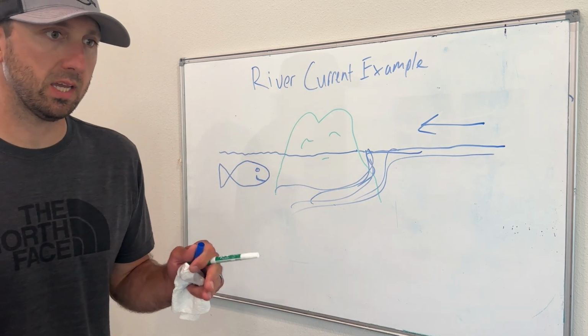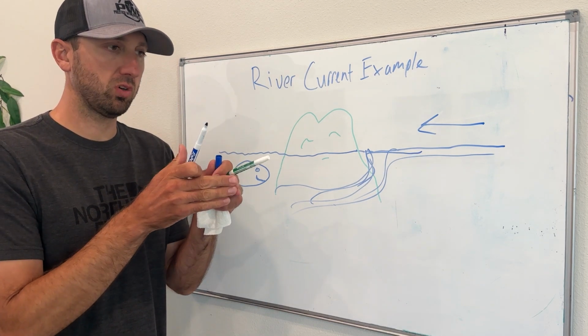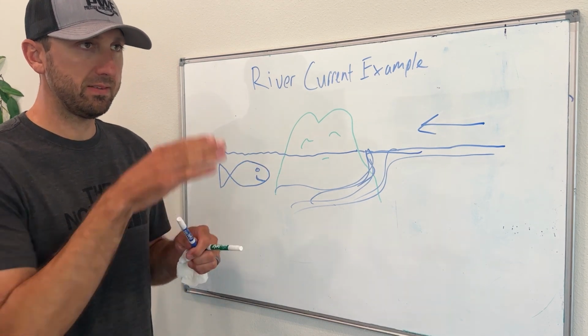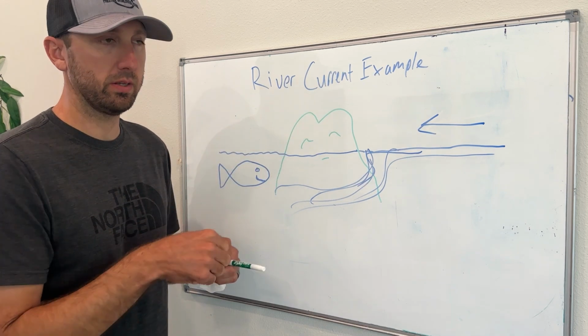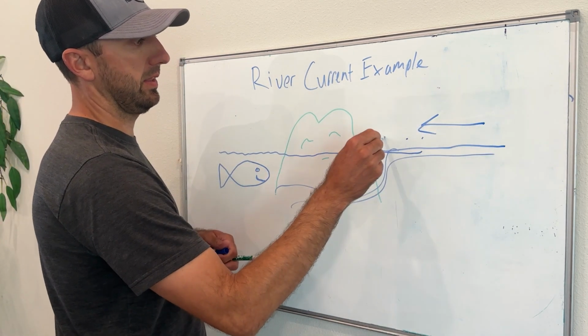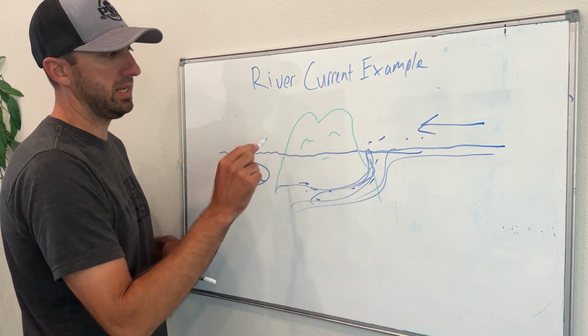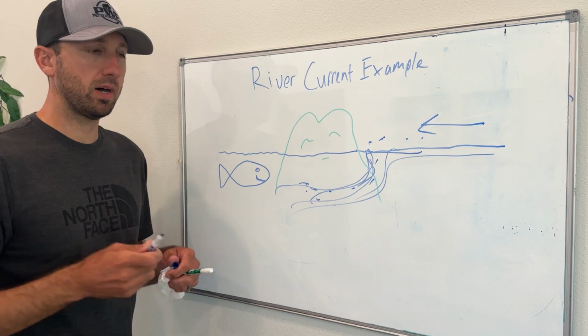So even on a lake, those bass are going to be situated behind that rock, that structure, facing into that wind or current. Basically letting those baitfish that are out here get pushed around this rock where he can come out and eat it without having to swim a lot.